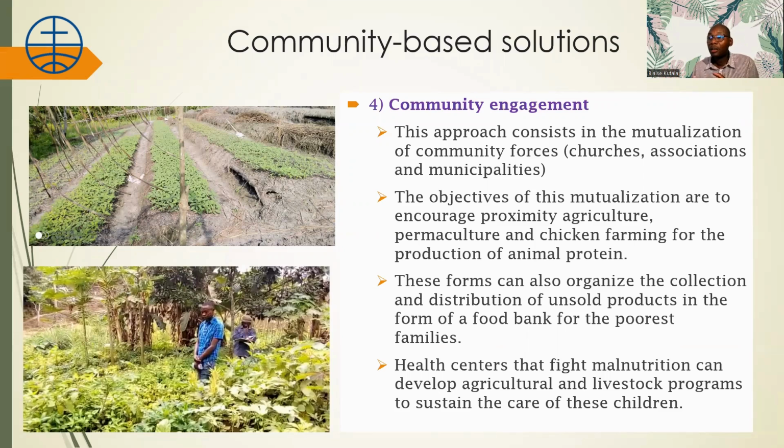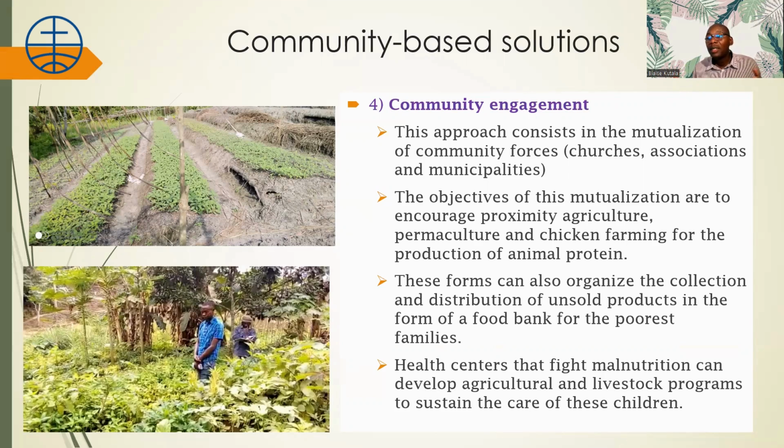Municipalities, churches or health centers can develop agriculture or permaculture activities associated with livestock for the production of animal proteins. These kinds of activities are not difficult to set up and do not require much financial investment. I think that it's possible to do it.